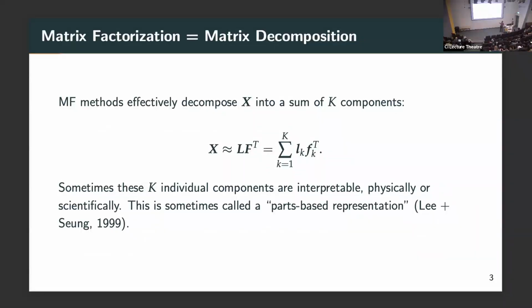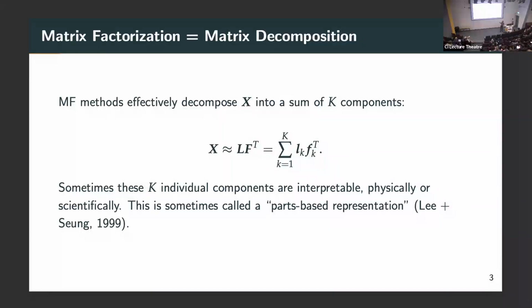Another way of thinking about this is that the Fs form a basis for the rows of X. In that interpretation, the Ls are the weights on that basis, and you write the ith row of X as a linear combination of the basis vectors F. You can also think of L as a basis for the columns of X.